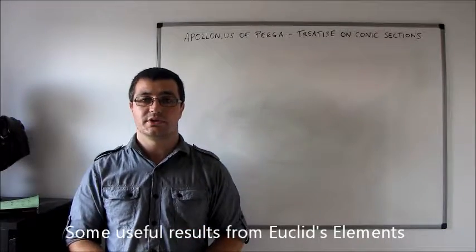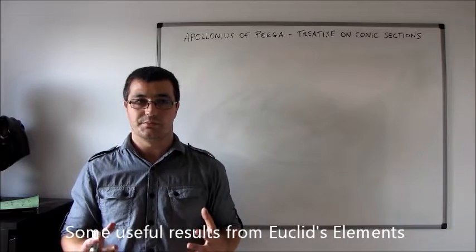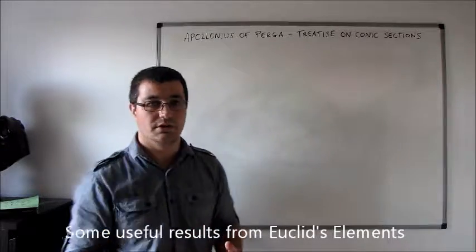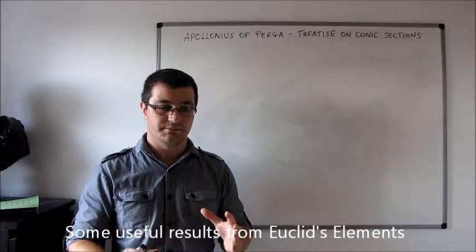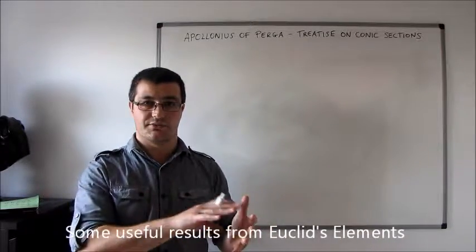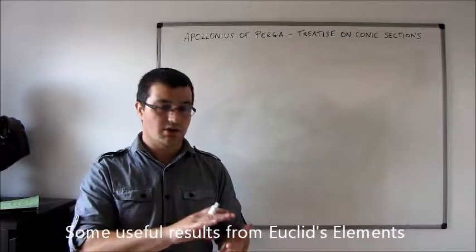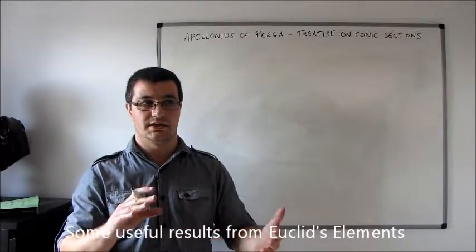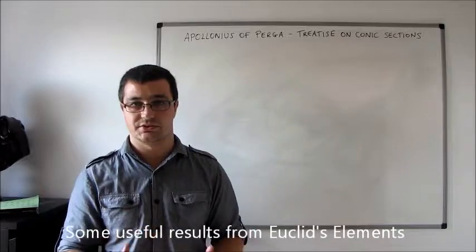The next result from Euclid that I want to mention is Book 6, Proposition 4, which says that two equiangular triangles have their corresponding sides in the same proportions.